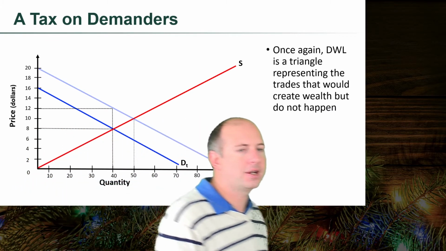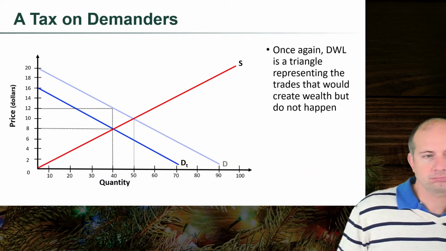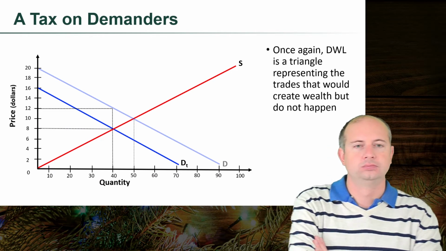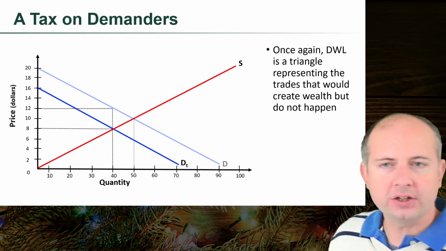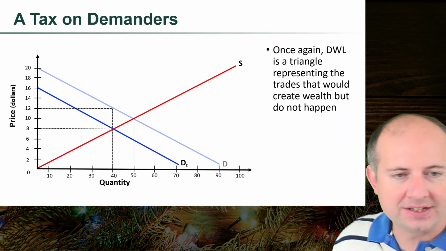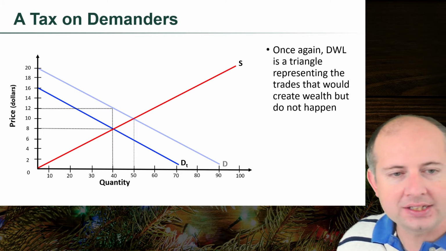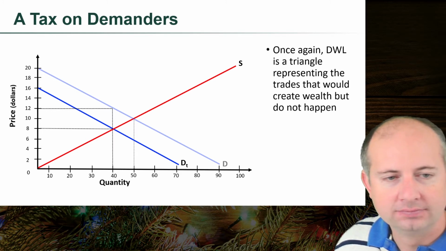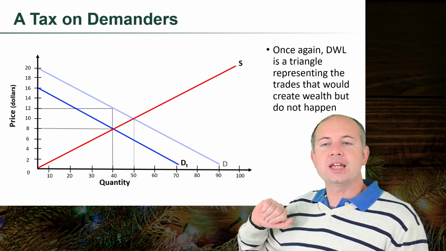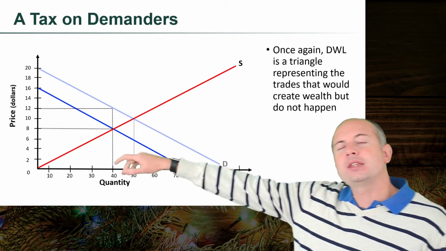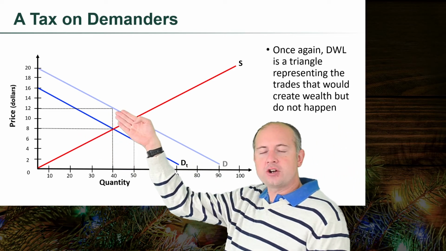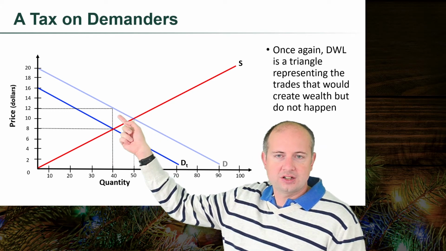Next thing we'll look at are taxes. Specifically, we're going to look at what we call a tax on demanders. You can think of this as a tax that buyers have to pay. Once again, initially our demand looks like here. This is our regular demand.